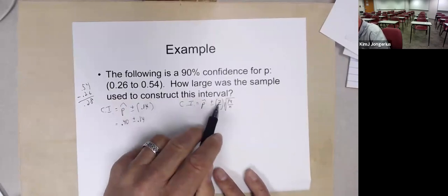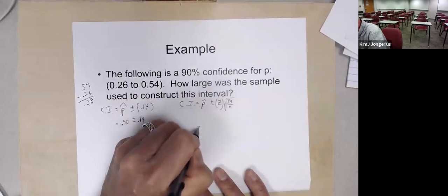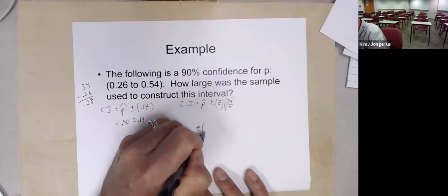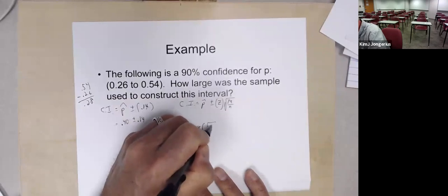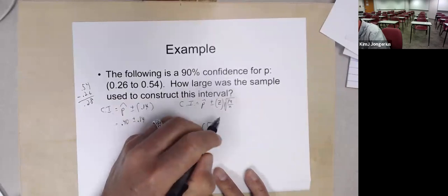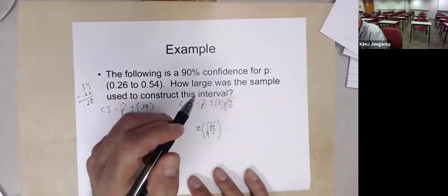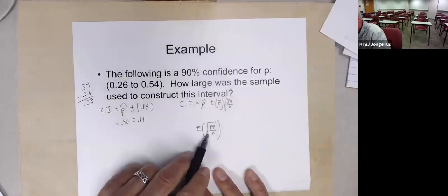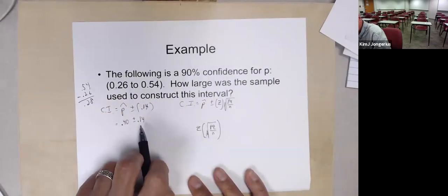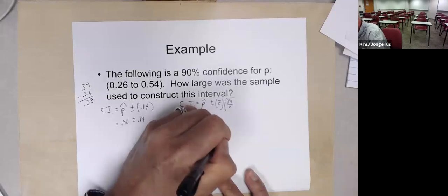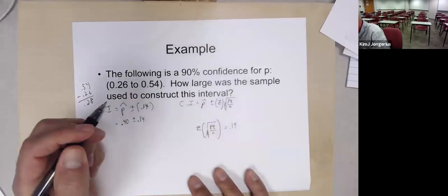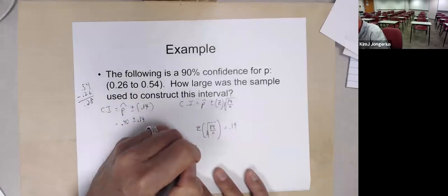So I'm going to take that z times the square root of pq over n. That quantity has to be equal to this 0.14. My z is locked in.